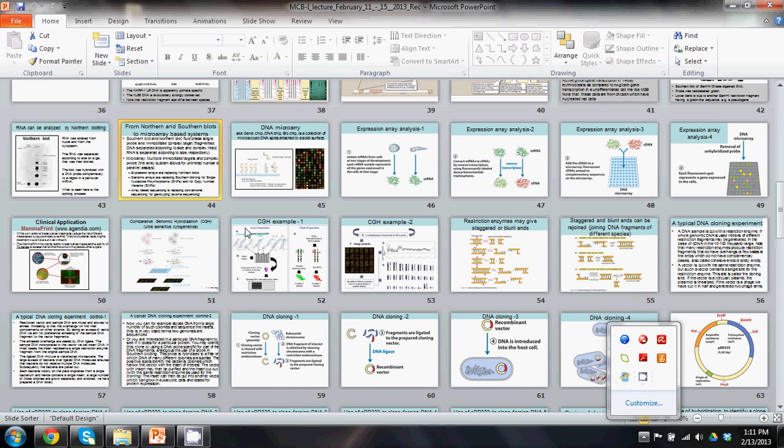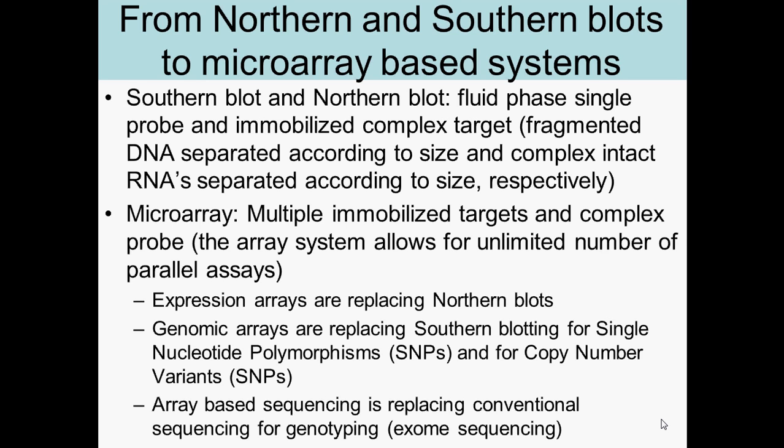Alright, this video is going to be about microarrays. Both Southern blot and Northern blot use a fluid phase single probe and immobilized complex targets.